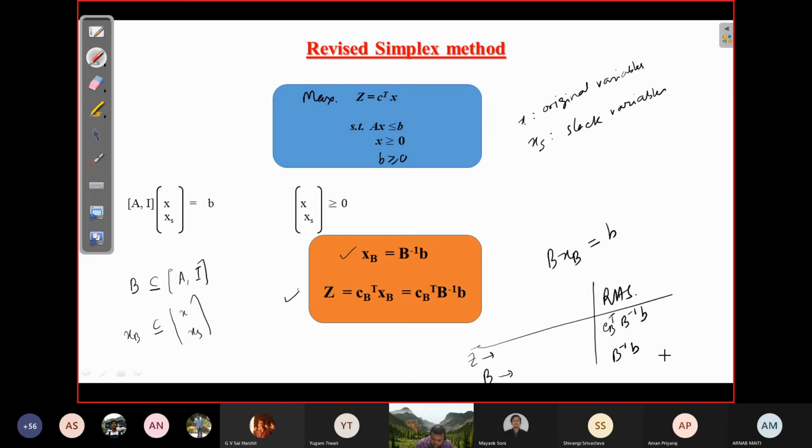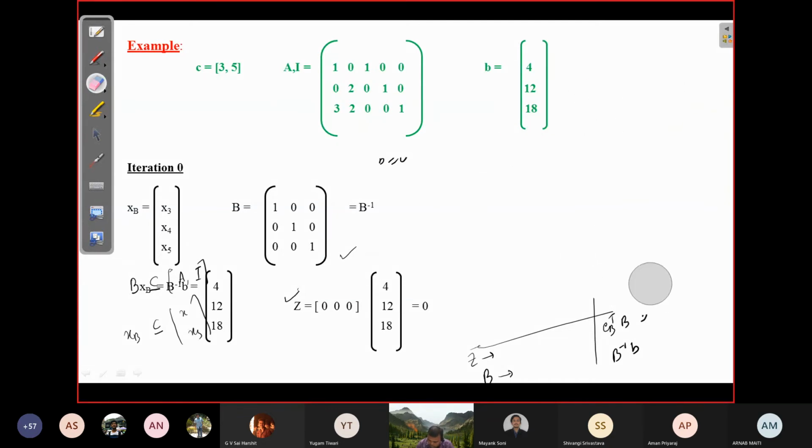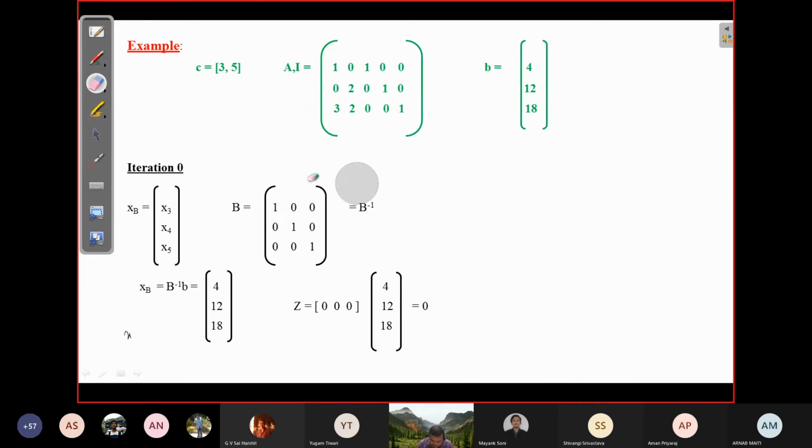Okay. Now, let us see an example. So here is the same example, the same problem, where you have the objective function 3x1 plus 5x2, so C is 3, 5.